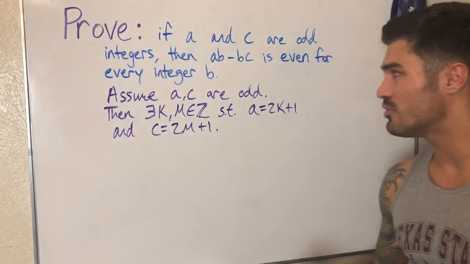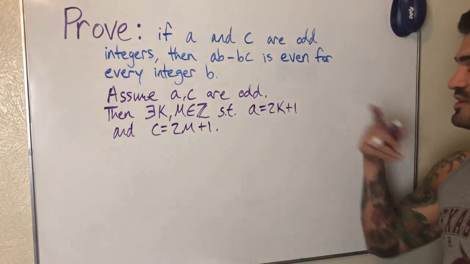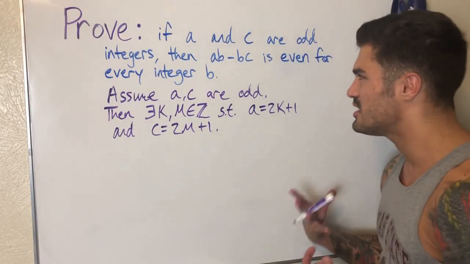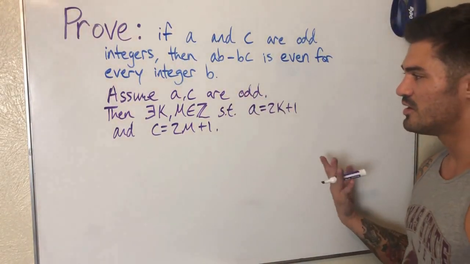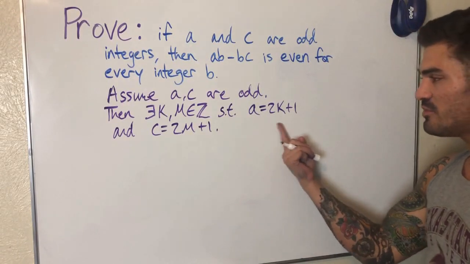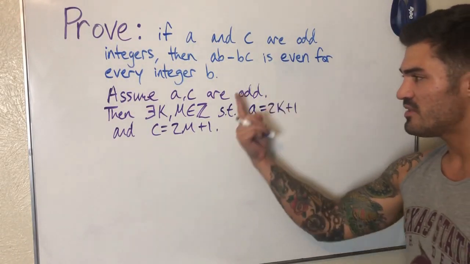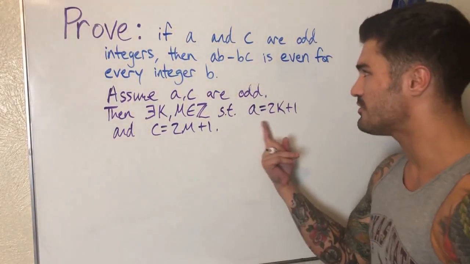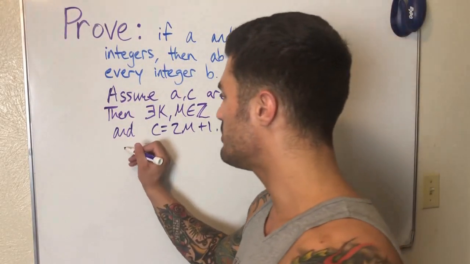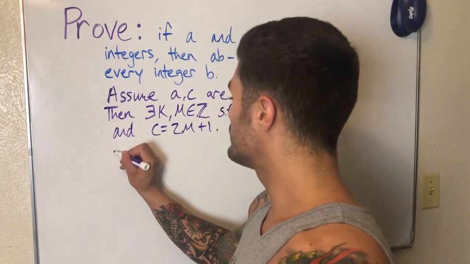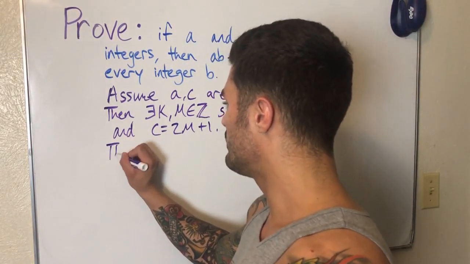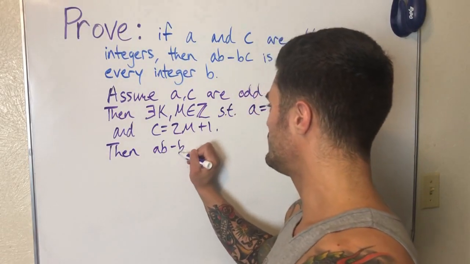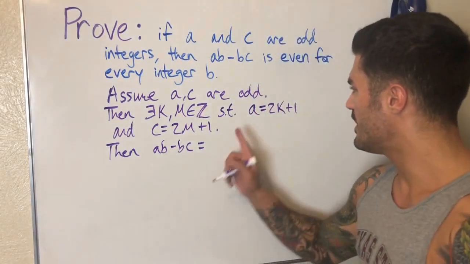Now what are we trying to show? ab minus bc is even. I have a here and I have c here, and we said we wanted to keep b just in terms of b. So I can just multiply this a by b and this c by b and then do some subtraction. Pretty simple, right? So if I multiply a by b, I'm just going to keep the b out in front for now. Then ab minus bc equals what? a times b.